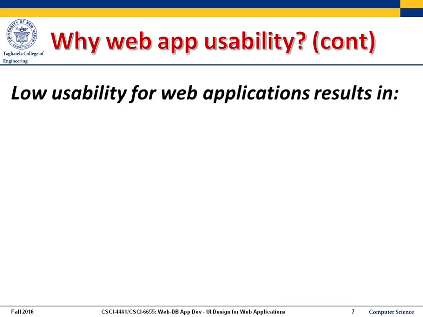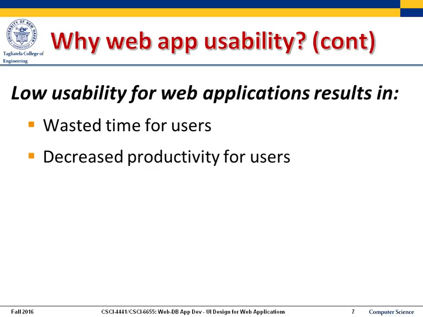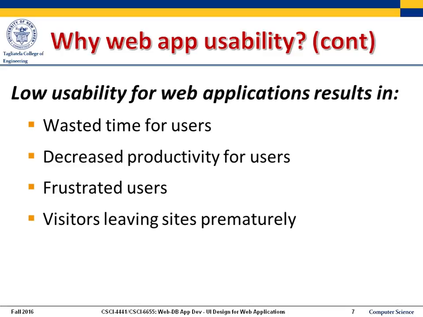So what is the implication of this for you? Who's spending all of your time, days and nights, building this greatest ever website, trying to build the next Google or Facebook or whatever, you're wasting your time for your users when you don't do it correctly. You make them less productive. You frustrate them. They leave your site prematurely without ever doing what it is they were looking to do.